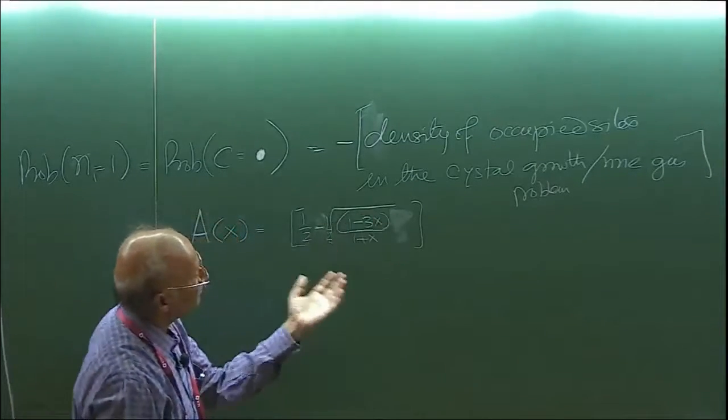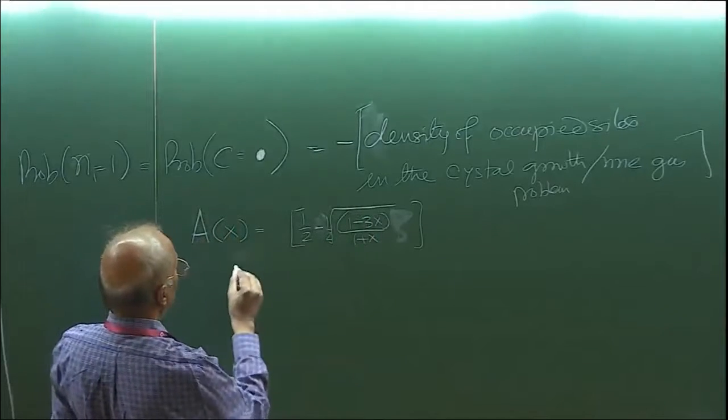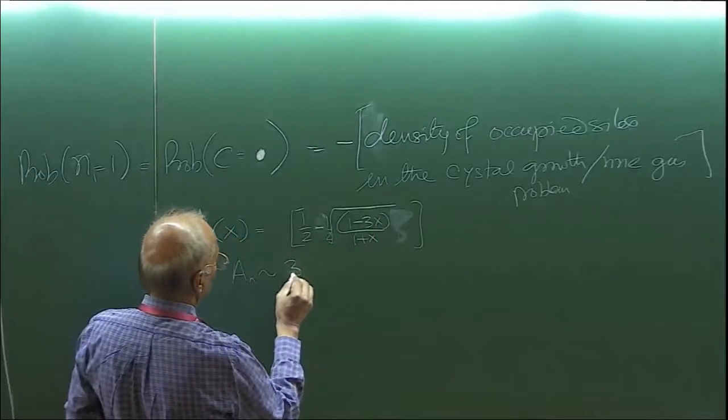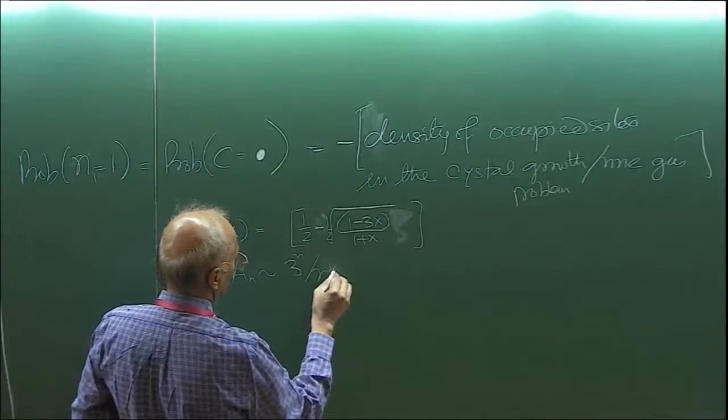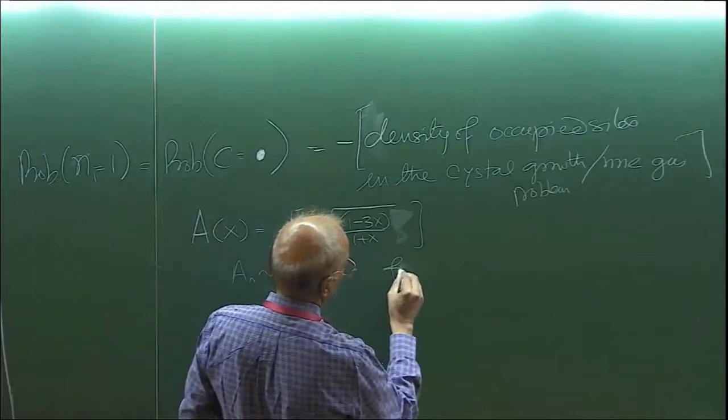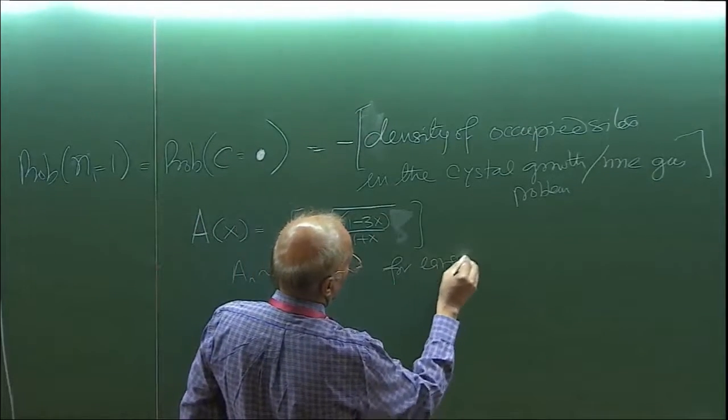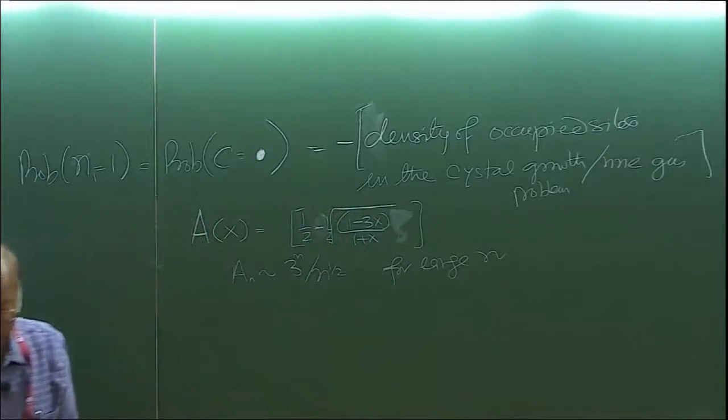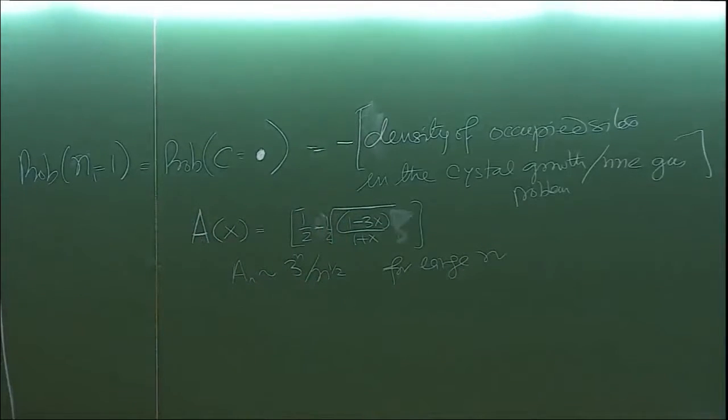So it has an explicit formula, then you can expand it and you get a_n going like 3 to the power n over n to the power 3/2 for large n. And so we can solve the 2D animal problem because we can solve the 1D lattice gas model.